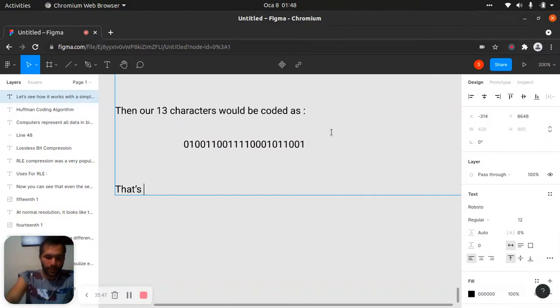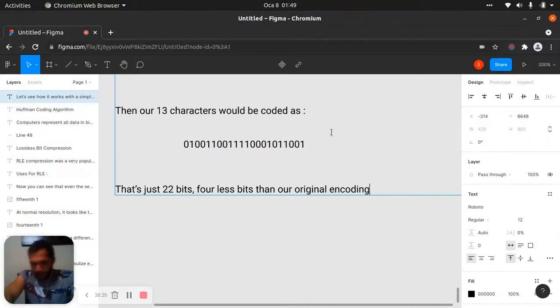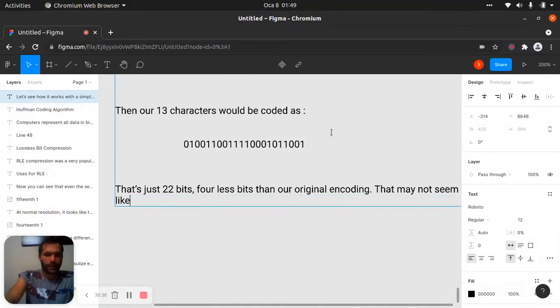So that's 4 less bits than our original encoding. Yep. That may not seem like a lot.